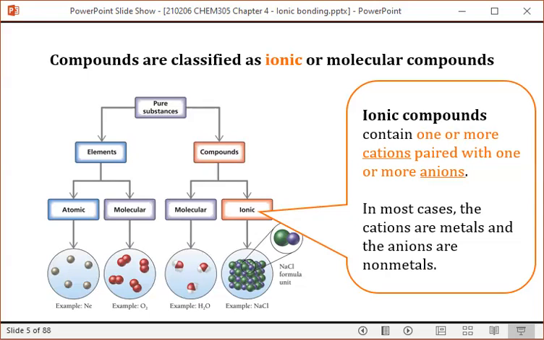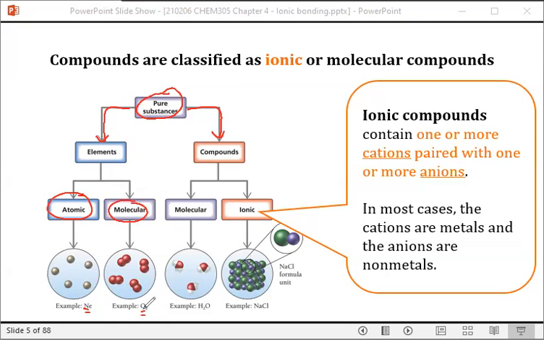So if we're looking at our flowchart again, and we're kind of zooming in to get more and more specific, we have a pure substance as our type of matter, and pure substances can be compounds or elements. And we've previously talked about elements, but remember, elements can be atomic elements, which means they're made up of just single individual atoms of one element, or elements can be molecular elements, where you have two atoms of the same element bonded together to make a molecular element.